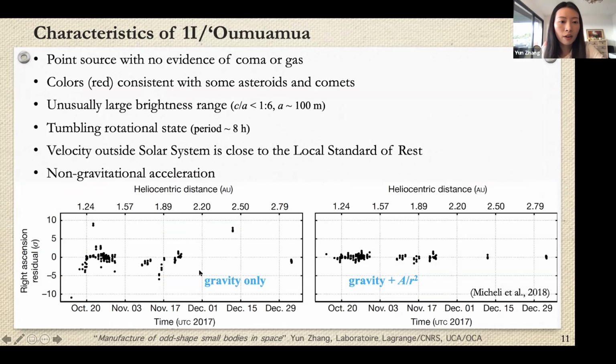Combining all the available observations, a detailed investigation of its astrometric position measurements showed that a gravity-only orbit is inadequate to fit the data, and a radial acceleration in a form like this is required to explain its orbit. This type of acceleration is usually interpreted as a result of cometary activity, but this is contrary to its point-like behavior.